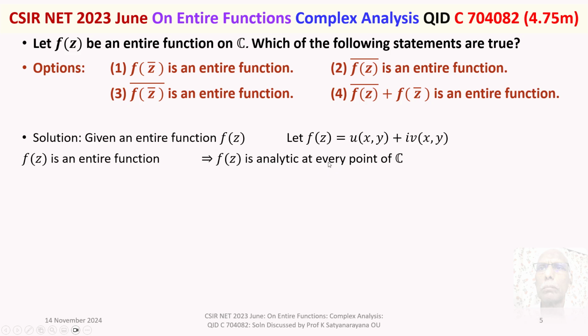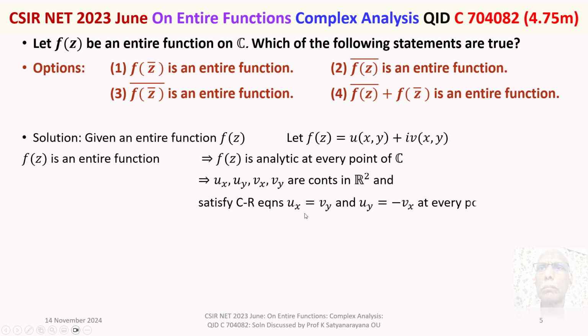That means it is analytic at every point of C. That means the first order partial derivatives of u and v exist and they are continuous in R square and satisfy Cauchy-Riemann equations. That is, ux is equal to vy and uy is equal to minus vx at every point of R square.